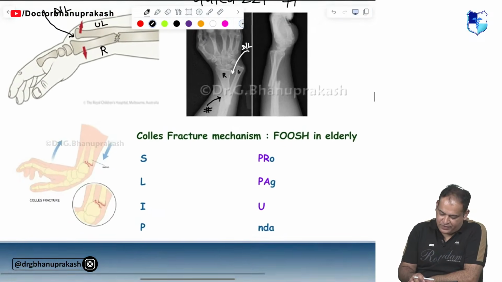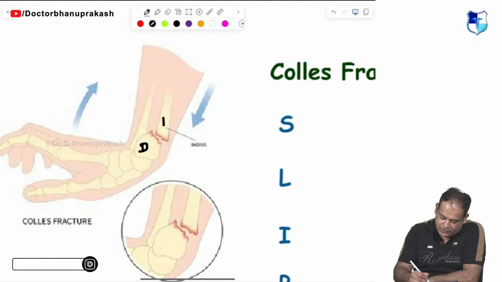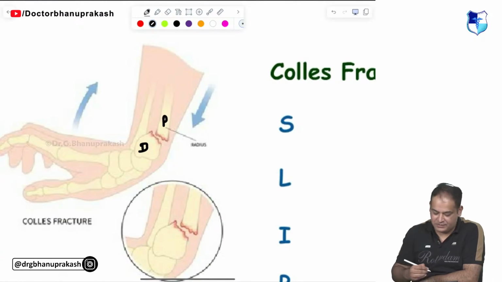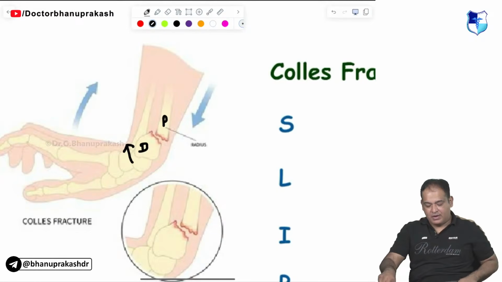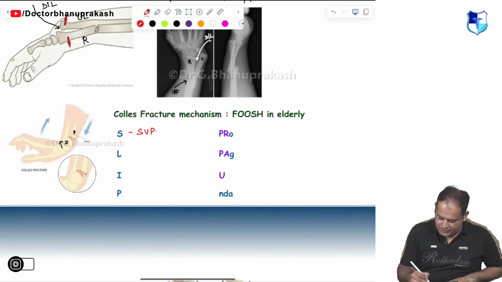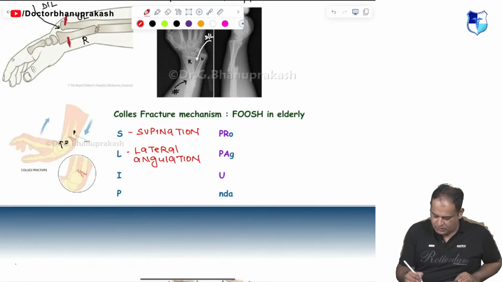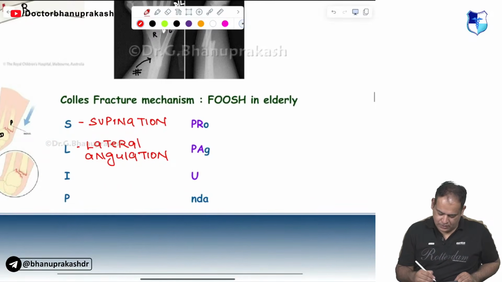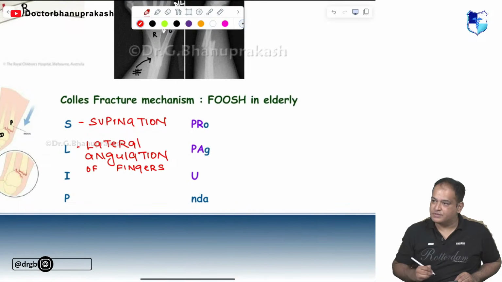Now Colles fracture. You need to remember this thing: bone is broken into distal and proximal parts, and the distal fragment goes posteriorly. Now clinical feature: your patient will present in supination and lateral angulation of the fingers.